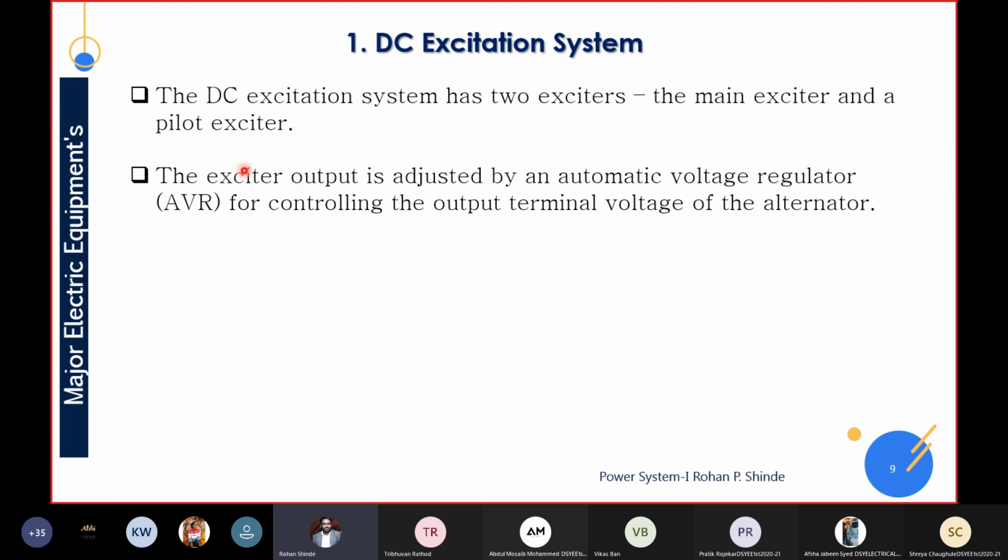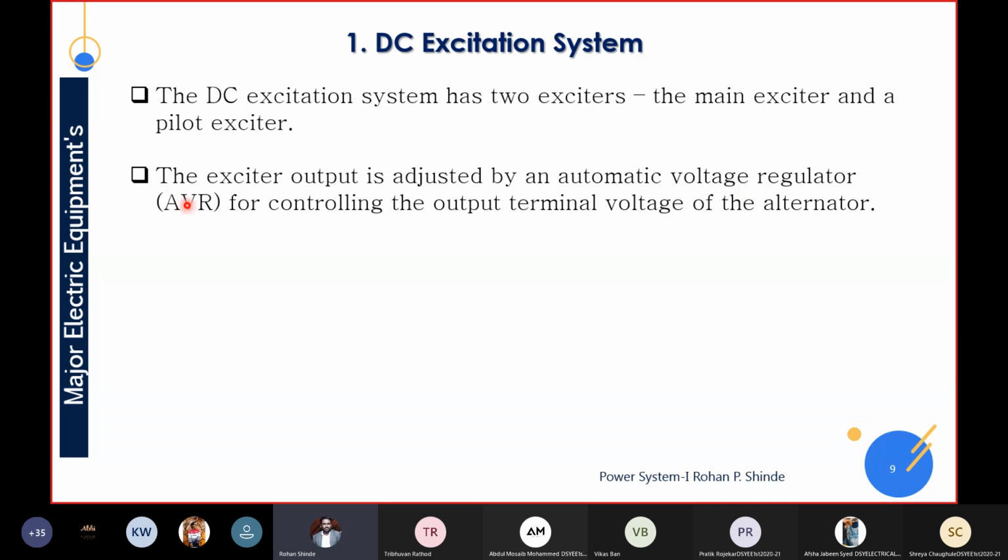That means the exciter output is used to start our synchronous machine or generator. So this output of the exciter is adjusted by which device? AVR. What is AVR? Automatic voltage regulator.